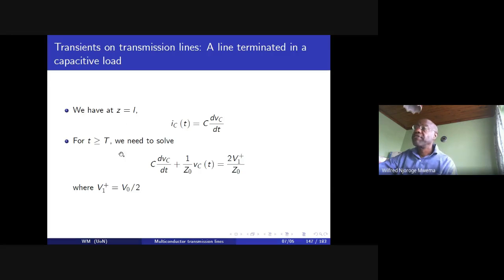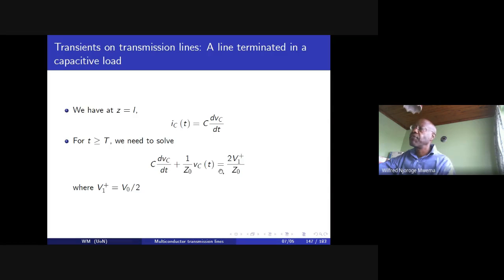What we have done is that we have, of course, written the transmission line equations. That is V1 plus V1 minus of t is equal to Vc of t, and Ic of t multiplied by Z naught is equal to V1 plus minus V1 minus of t.